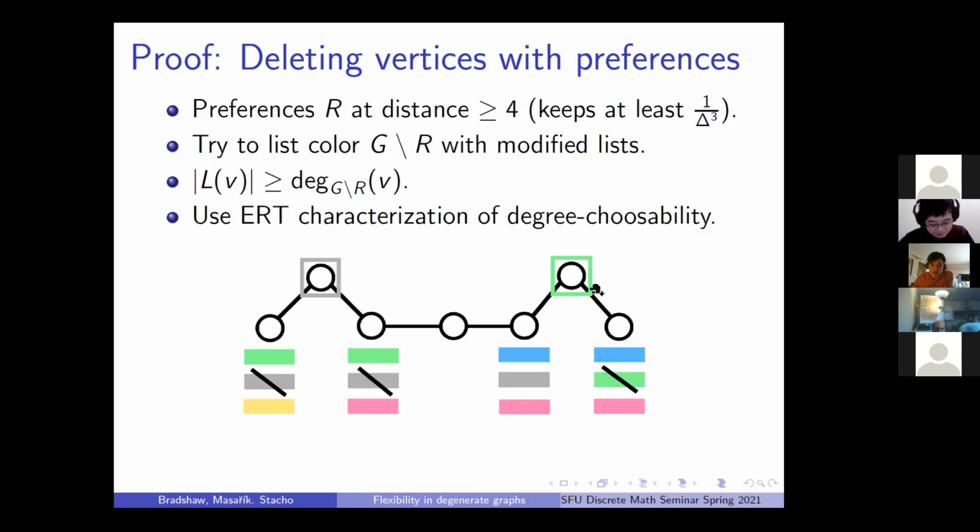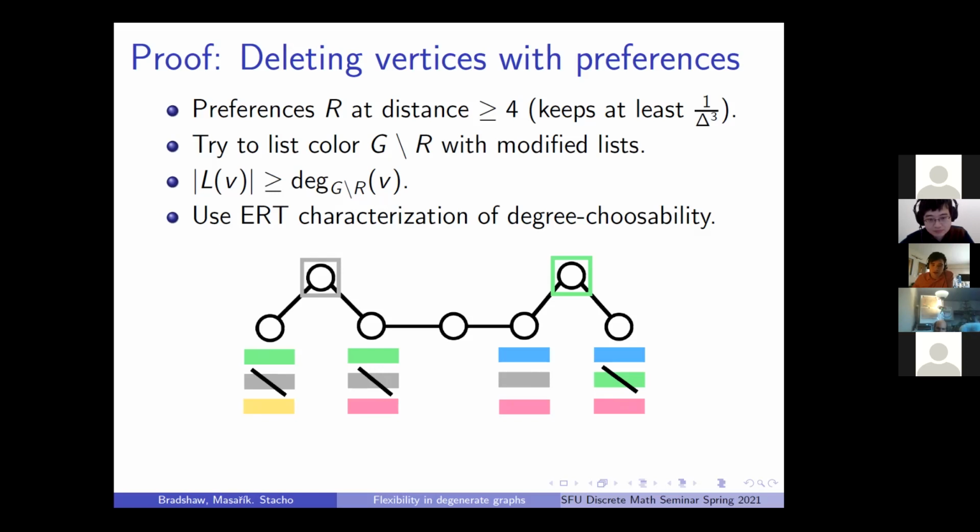And it will also have lost a neighbor in R, so it will have degree at most delta minus 1 in the graph G minus R.